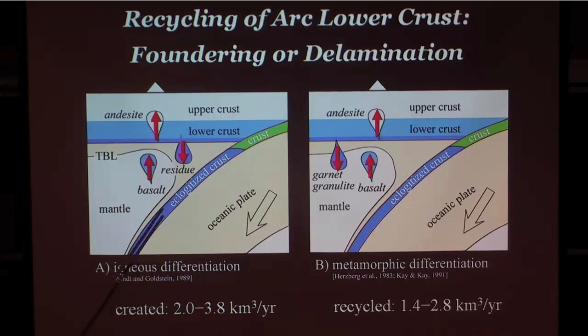And we'll see that in round numbers, the amount of material that is created and remains in the crust, and the amount of material that is thought to drip off the bottom of arcs are, let's say, subequal in an order of magnitude sense. But there's net creation of crust. We actually have pretty good evidence that this process has gone on over time.